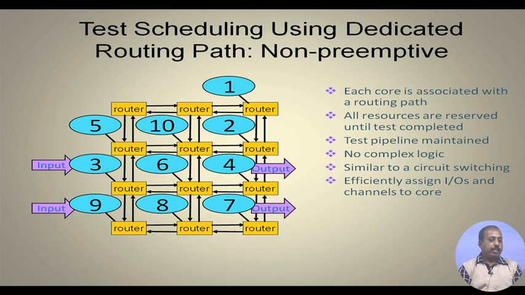The test pipeline can be maintained, because once the test patterns are going through these routers, they can be sent in a pipeline fashion. The individual routers introduce something called wormhole routing, where a packet traverses through the network in a serial fashion.